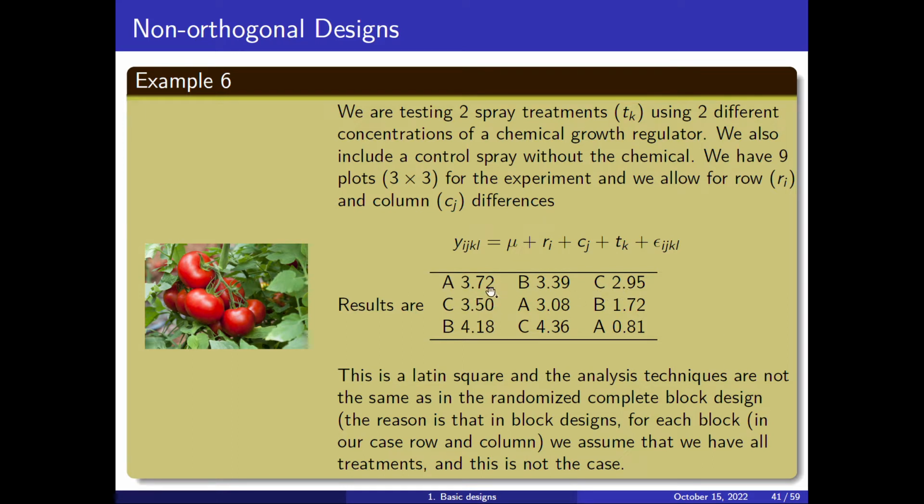So you have A, B, C, C, A, B, so the treatments are applied only once, and the same happens for the columns. And this is a Sudoku. This is a Sudoku in which all treatments appear in all rows and in all columns, and they cannot be repeated. Okay, so that kind of design is called a Latin square.